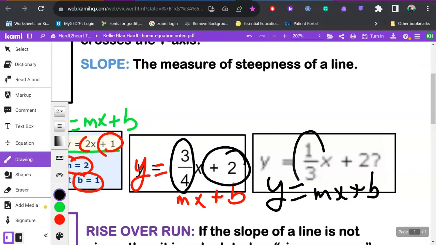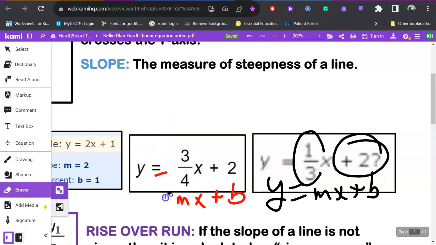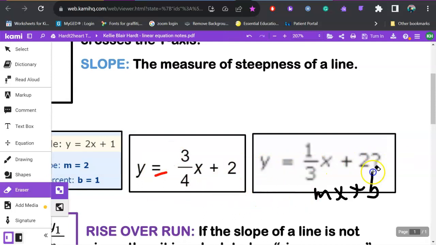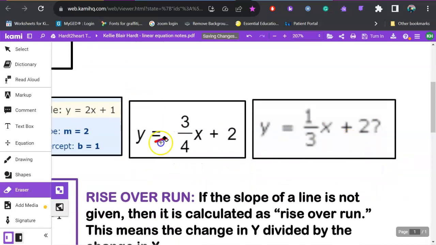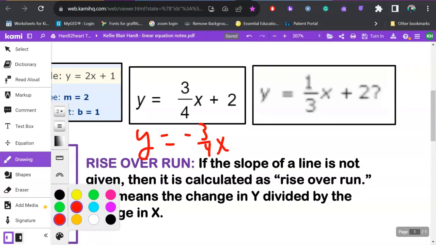Another example of y equals mx plus b. In this case, your slope is 1/3, and your y-intercept, the b number, is a positive 2. It does not always have to be positive. That's one thing I noticed when I did these examples. I made them all positive numbers, and that's not always necessarily the case. I could have had y equals negative 3/4 x minus 2, but it's still the same formula of y equals mx plus b.